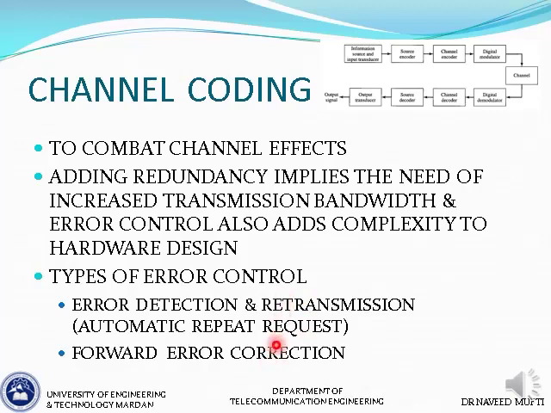These are the two main categories of error control. The simpler error control mechanism is obviously this one. It has its pluses and minuses. And the more complex is forward error correction, abbreviated as FEC, which is obviously more complex because now your receiver has to be smarter.